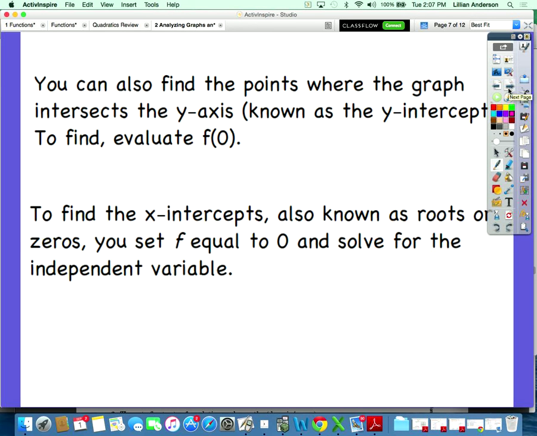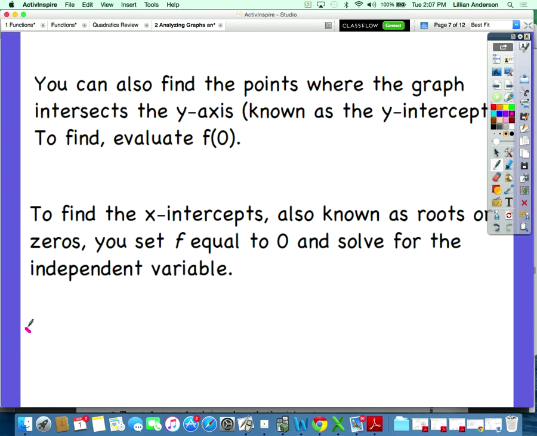Moving along. So find the y and x intercepts. You guys have done this before. The y-intercept is where the graph crosses the y-axis. To find that, you evaluate f of 0. That means you plug 0 in for x.